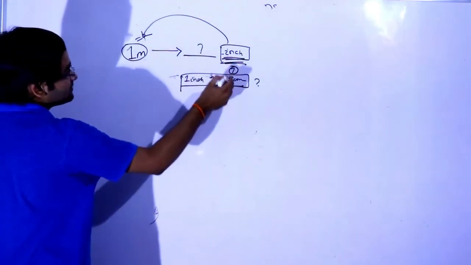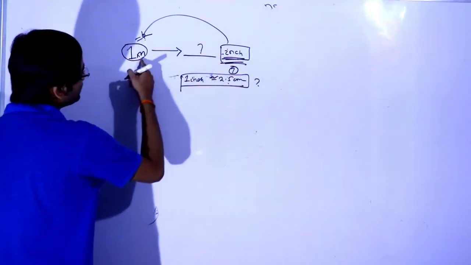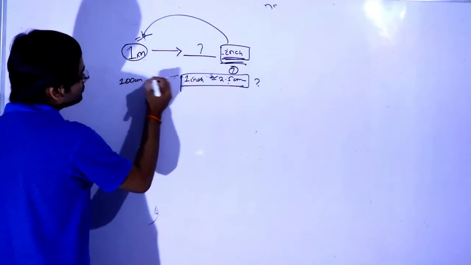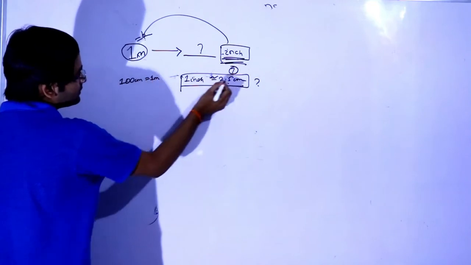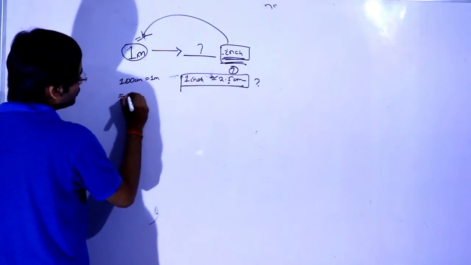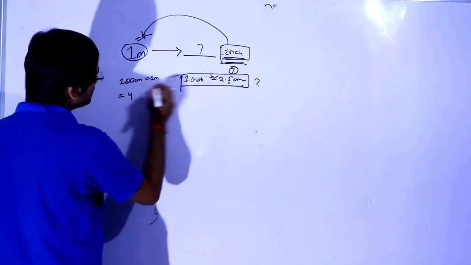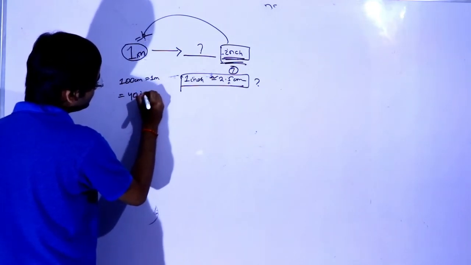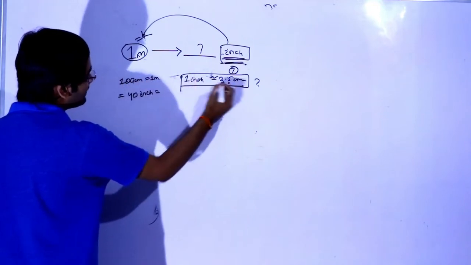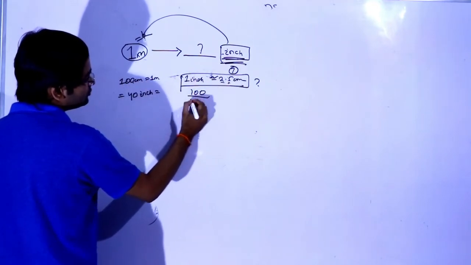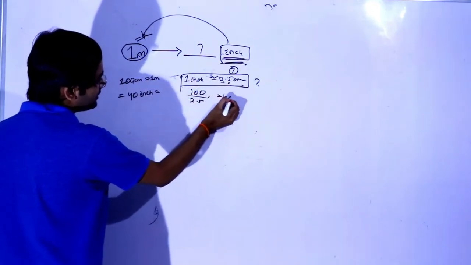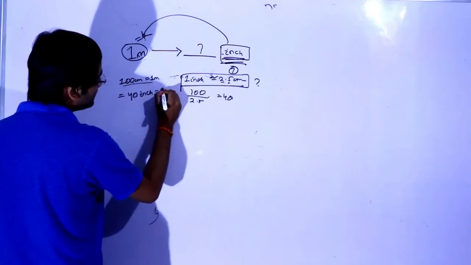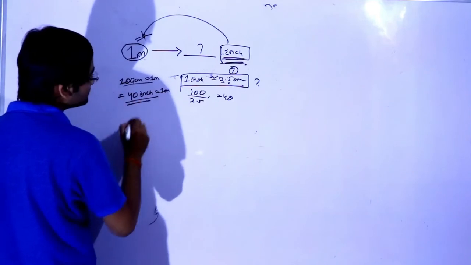How can I convert from centimeter to meter? 100 centimeter is equal to 1 meter. So dividing 100 over 2.5 gives me 40. That is, 40 inch is equal to 1 meter.